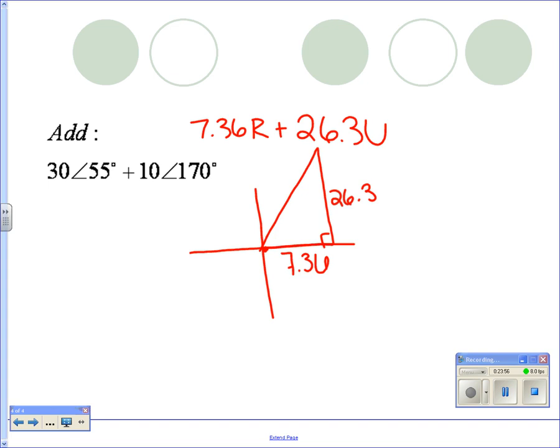Yeah. We need to find the hypotenuse and this angle. How do you find the hypotenuse? Pythagorean theorem, yes. So find your hypotenuse.